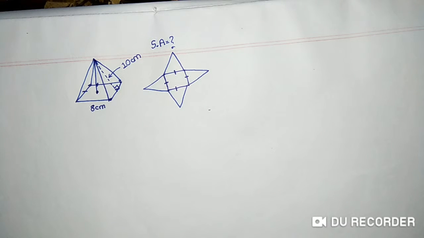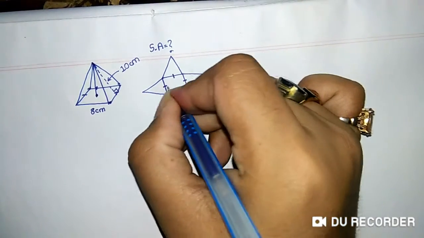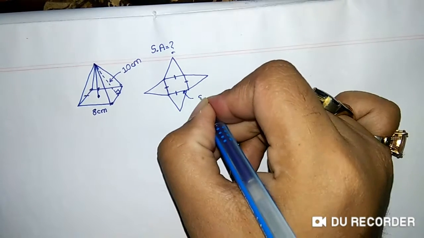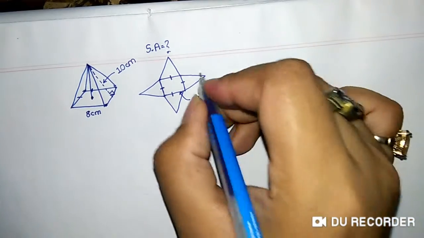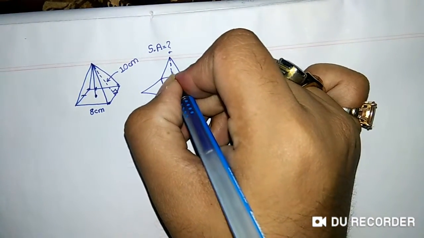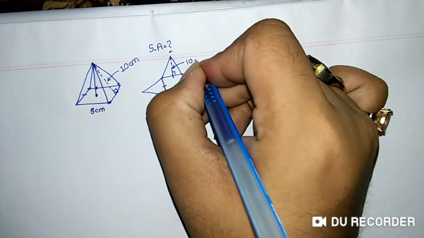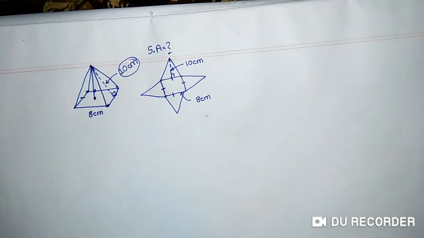Since the base over here is a square, we call it a square pyramid. The square has all sides equal, so each one of them is going to be 8 centimeter. Now the height of the triangle is given to us and it is 10 centimeter over here. That is coming directly from here.